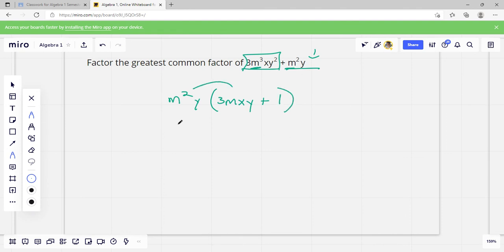Because when we rainbow this out, we'll multiply that, we'll get 3m to the third x y squared. And then 1 times m squared y would be m squared y. Right? That's how we get back to that. So if you've factored out everything in one of the terms, you just put 1 there instead.